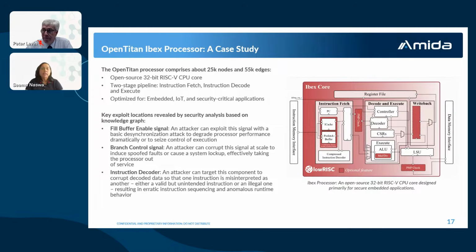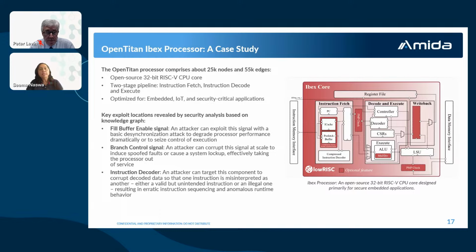All right, so here we are presenting the case study that we did using our technology. The Ibex processor is an open source, RISC-V based core, heavily used in embedded and security conscious applications. Its compact, energy efficient pipeline structure makes it really good for energy efficient applications. We analyzed its RTL using Amida's microelectronic security platform and identified several key exploit locations in this design.